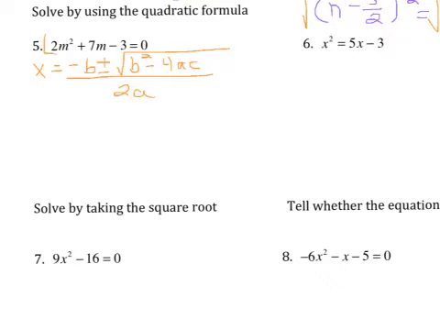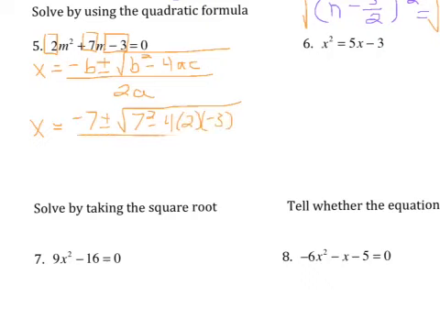Now the coefficient in front of m squared is our a, our coefficient in front of m is b, and the last number is our c term. So if we plug everything into the quadratic formula, we're going to have negative 7 plus or minus the square root of 7 squared minus 4 times 2 times negative 3, all over 2 times 2.